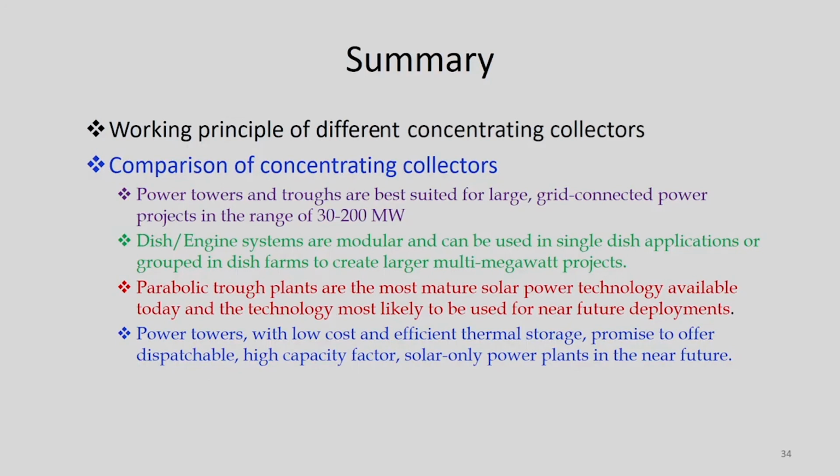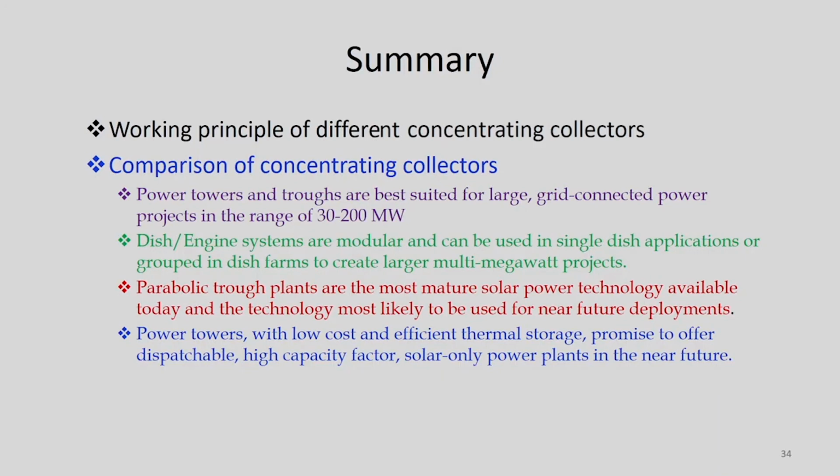It is found that power tower and parabolic troughs are best suited for large grid connected power projects in the range of 30 to 200 megawatt. Dish engine systems are modular and can be used in single dish applications or grouped in dish farms to create large multi-megawatt projects.